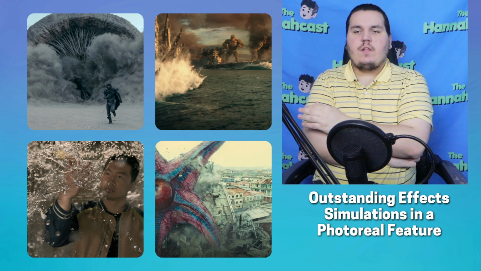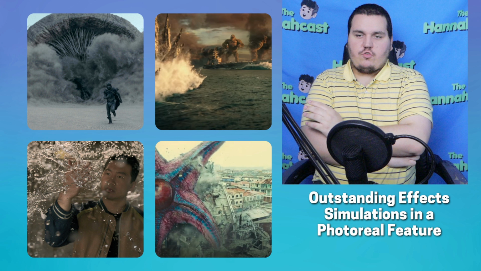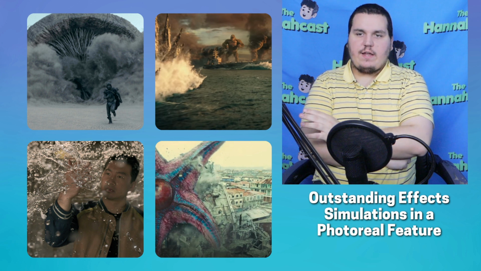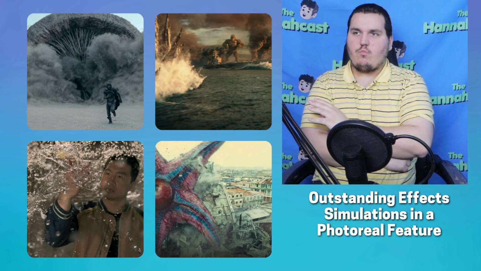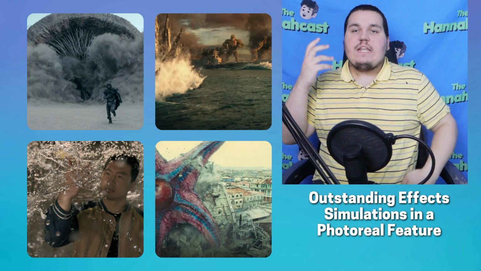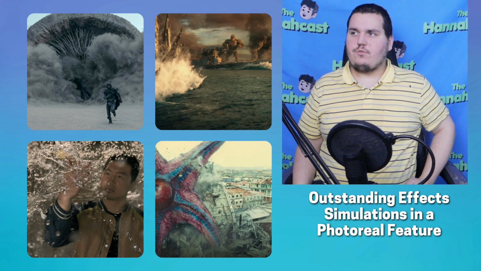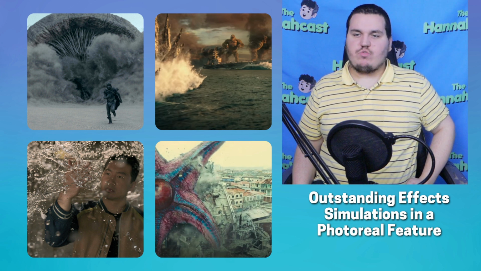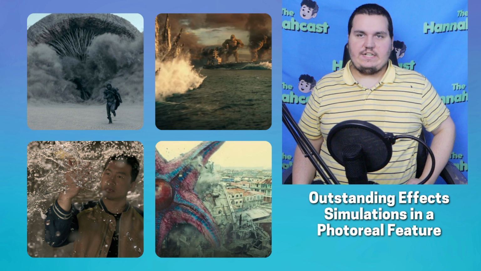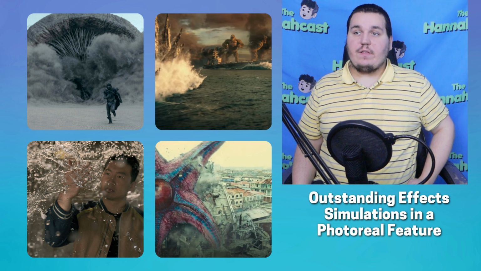here's a good example. If you're going to try to render an ocean, like in waves and whatnot, I guarantee you would not be able to hand animate every single water droplet or all that crazy stuff, because that would not only eat your computer up, but that would just take forever.